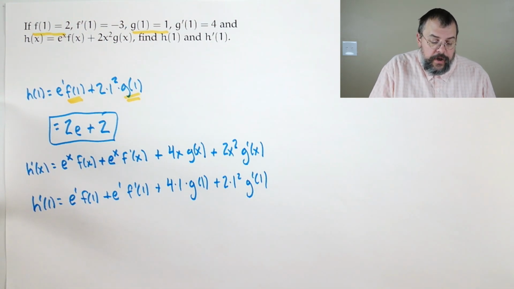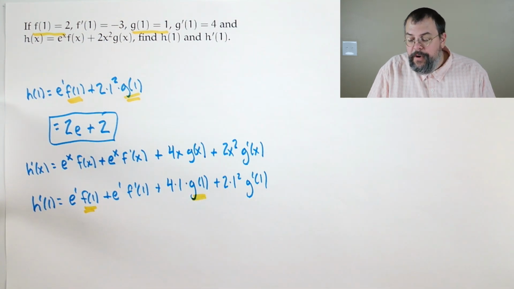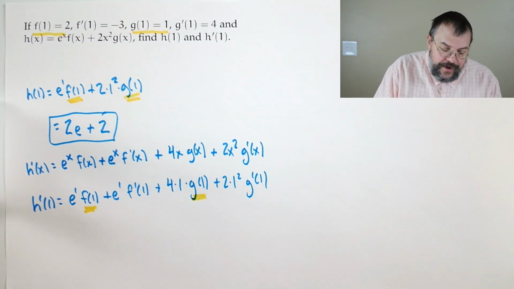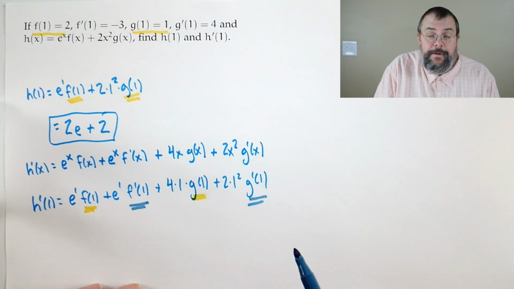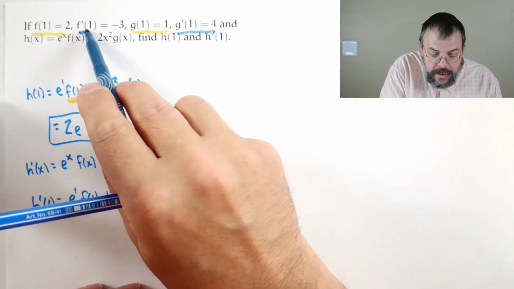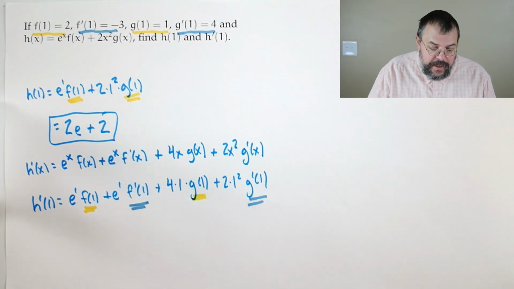Now we already know f of 1 and g of 1. But of course, no surprise, we also know f prime of 1 and g prime of 1. How do we know them? Because they were told to us way up here. So we know them.